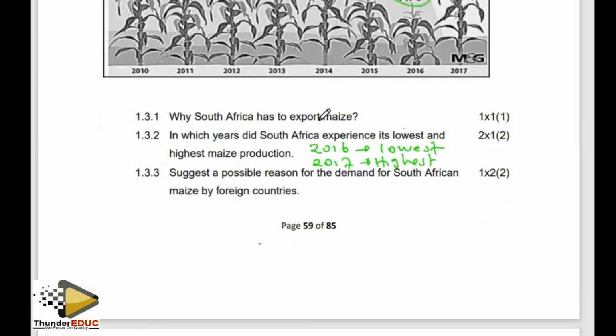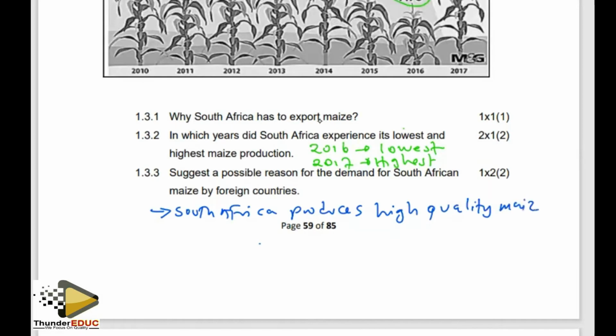I think we can try to use this space here and say, one, South Africa produces high quality maize, because we know that when something is of good quality, it will be in high demand.